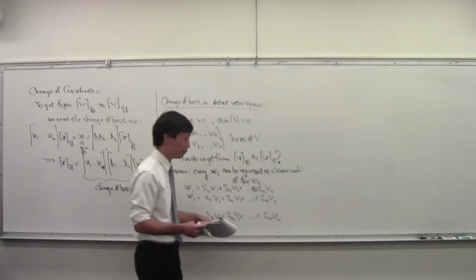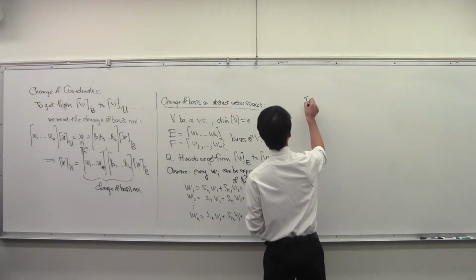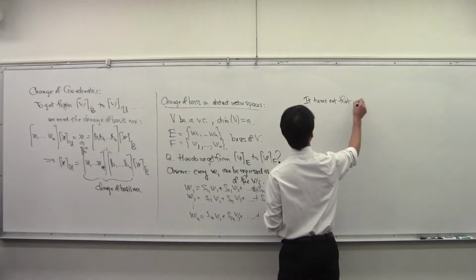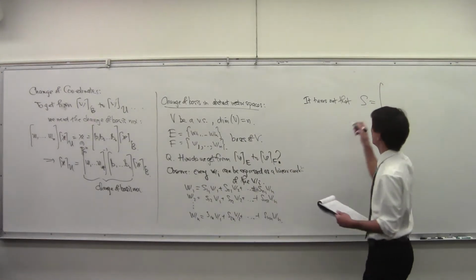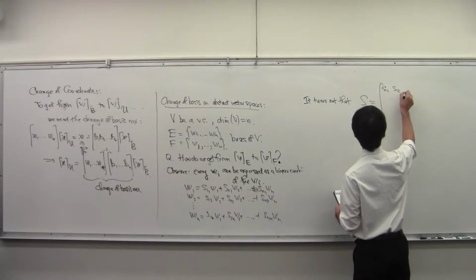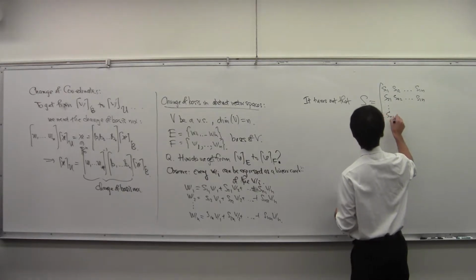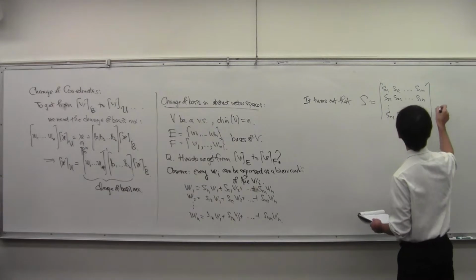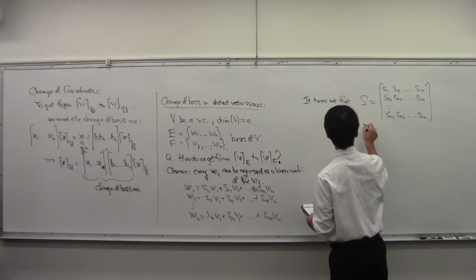That's because it turns out that the matrix S, which is the transpose of that, with rows S11, S12, up to S1n, S21, S22, up to S2n, through Sn1, Sn2, up to Snn, is the matrix we're looking for.